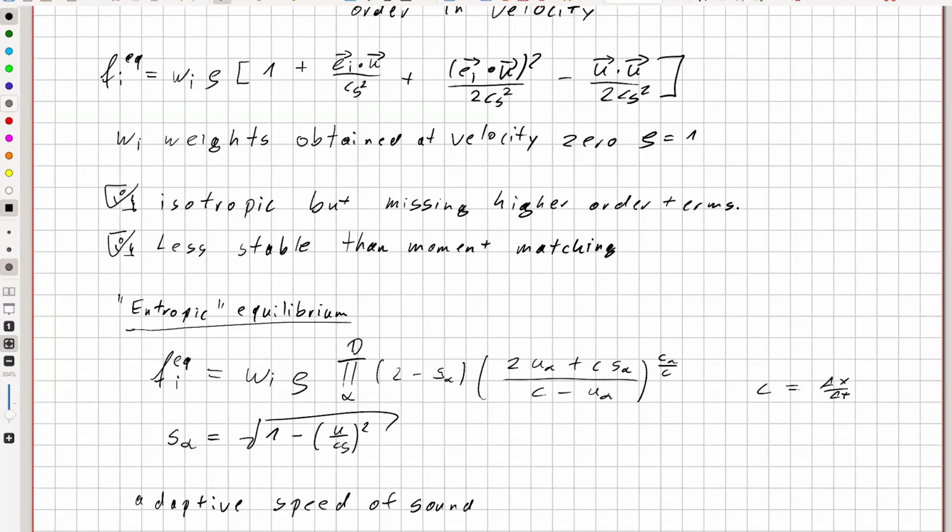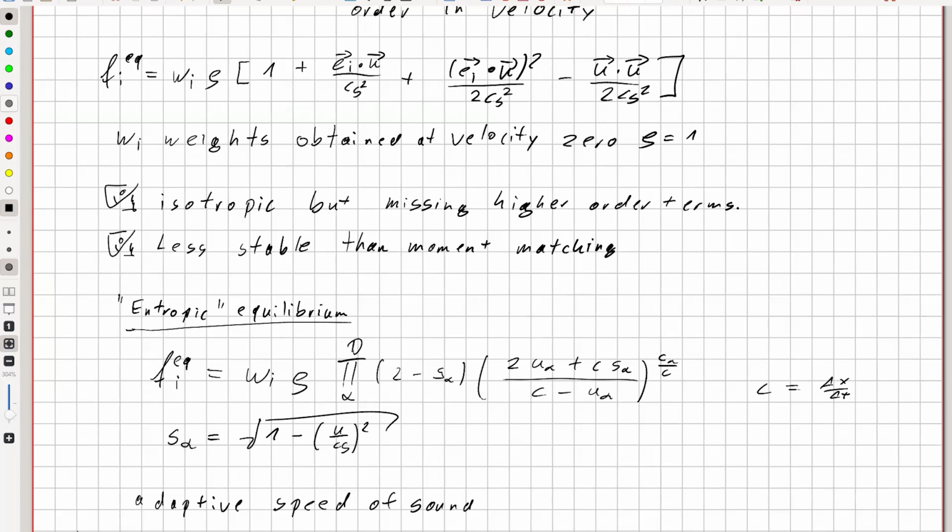So there's still a CFL condition, and we can just double this. Increasing something by a factor of 2 is usually nice, but is not really a big change. This is why I still don't believe in this a lot.